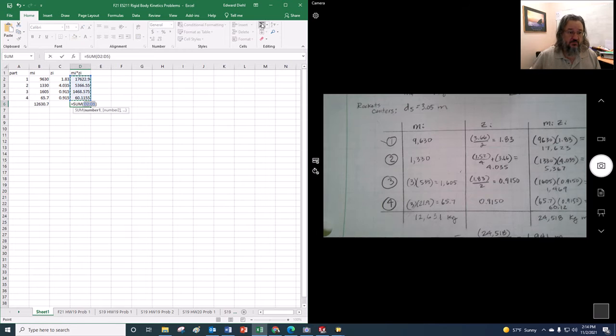This is also a pull down for different things, but sum is the first one. Somewhere over to the side, I'm going to write Z bar is equal to that divided by that. And so here, with a lot more sig figs, is our answer.